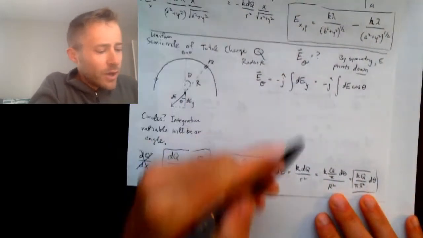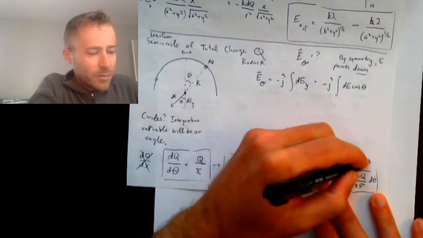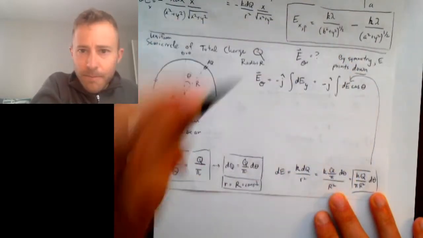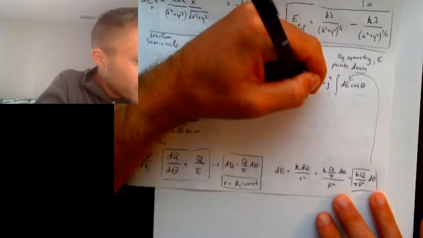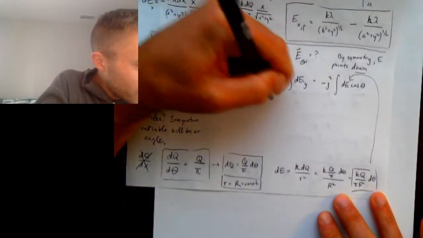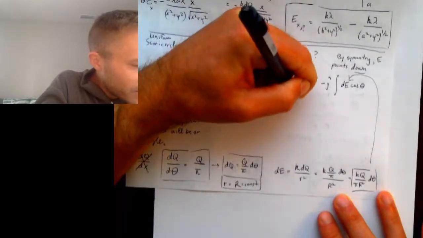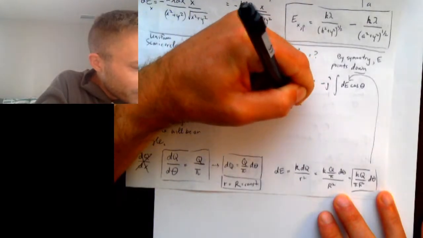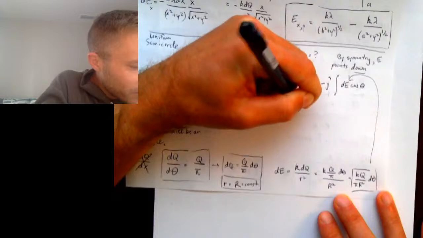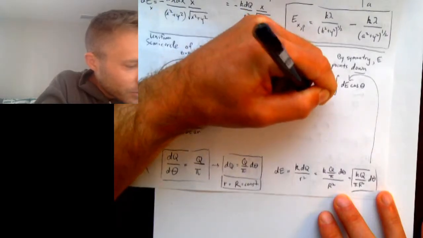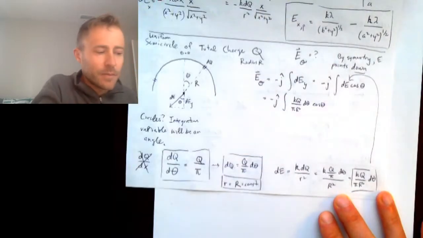Okay, so now I'm going to plug in for dE right here. So I have minus j times the integral of kq over pi r squared d theta times cosine of theta.